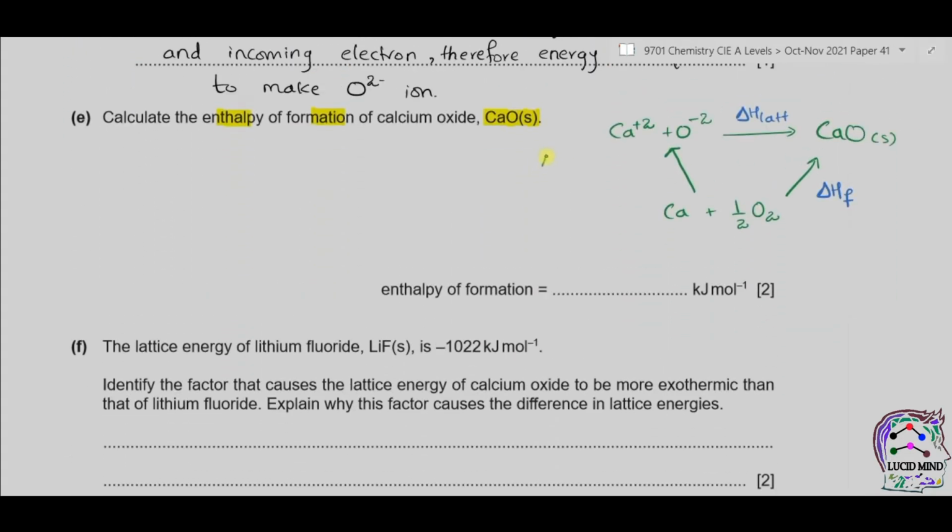So now we have one value for enthalpy change for calcium +2 and a second value for enthalpy change for oxygen -2 formation. According to Hess's law, this is the common product. So we have two steps on this side and one step on this side, and these steps will be equal to this step. So enthalpy of formation is equal to enthalpy change for formation of calcium +2, enthalpy change for formation of oxygen 2-, and lattice enthalpy.